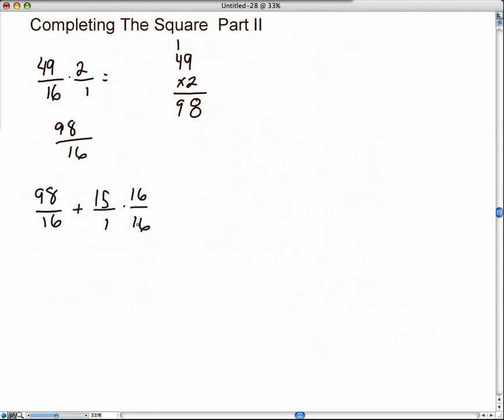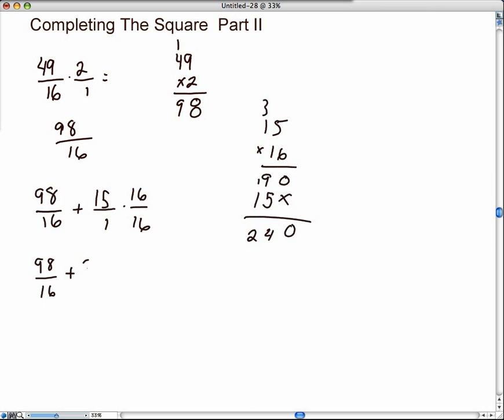So we need a denominator of 16. Let's see, 15 times 16, that's 240. So that's 98 over 16 plus 240 over 16.